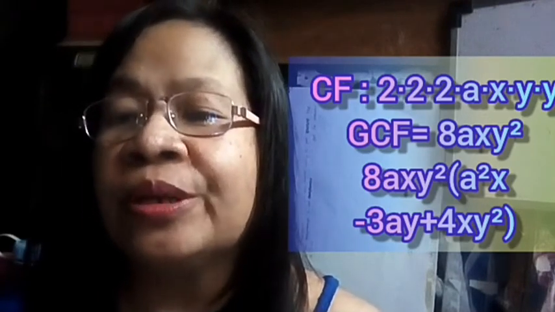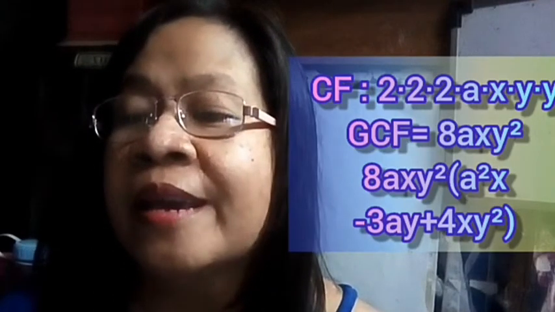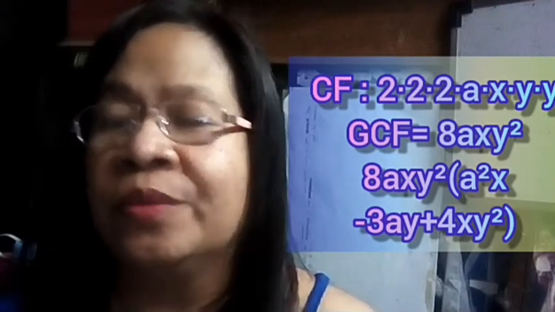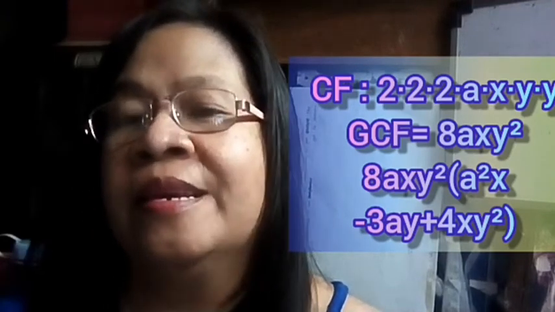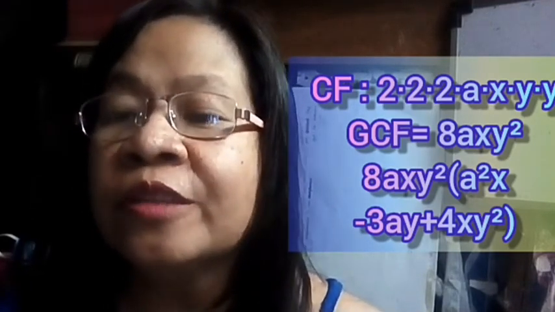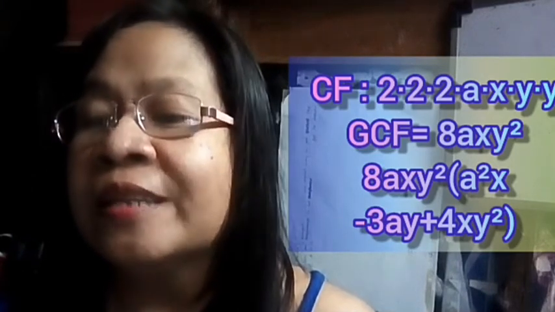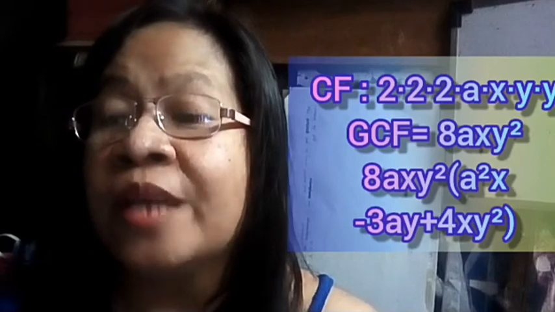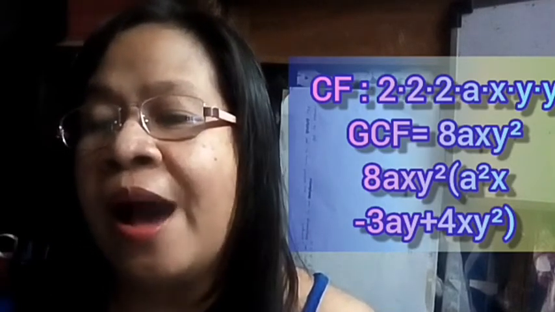8a to the third x squared y squared divided by 8a x y squared is equal to a squared x. Next, negative 24a squared x y to the third divided by 8a x y squared is equal to negative 3ay.